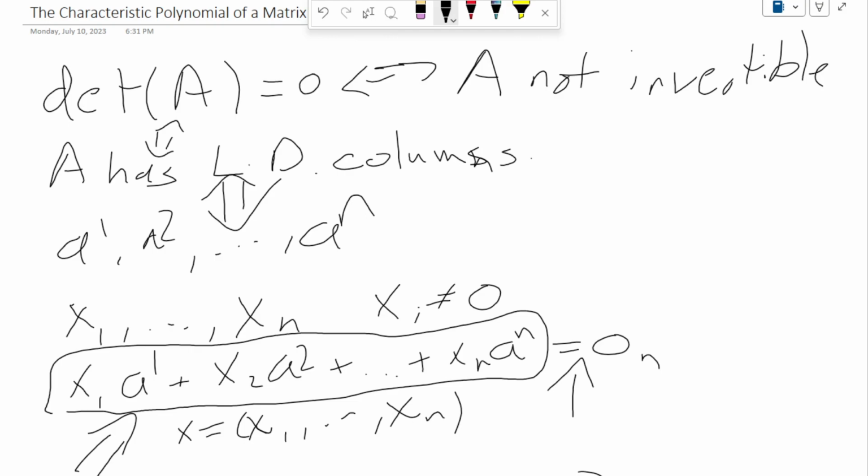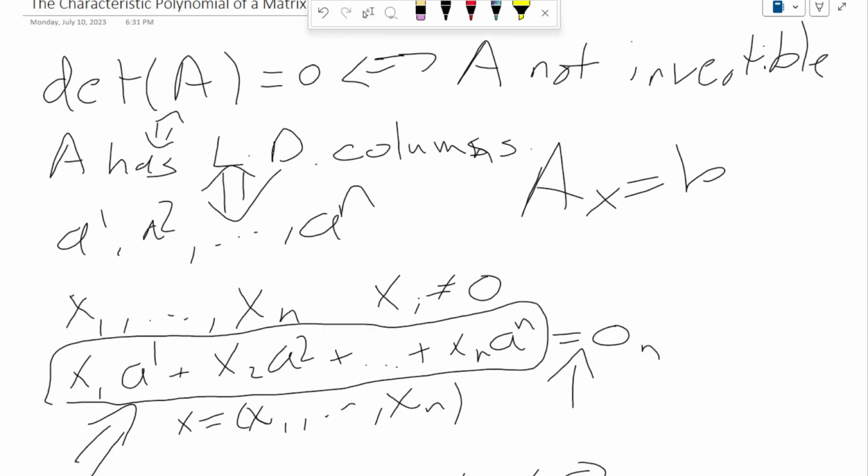Their determinant is not equal to 0. Every possible linear system that looks like AX equals B is solvable for a unique solution. It's a whole bunch of good stuff. So invertible matrices, two thumbs up. We like them. So that's the invertible matrix theorem.